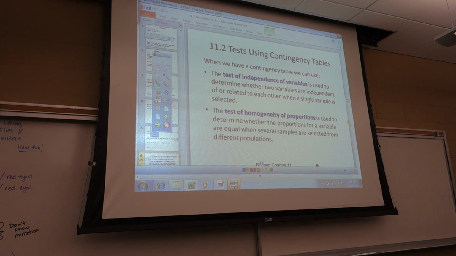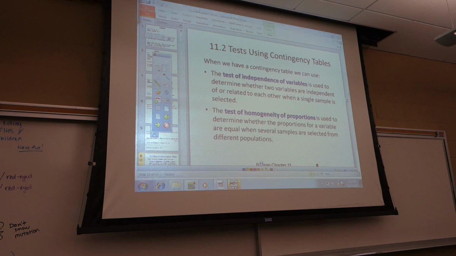How about Drew? Go ahead and read for me. 11.2 test using contingency tables. When we have a contingency table, we can use the test of independence of variables, which is used to determine whether two variables are independent of or related to each other when a single sample is selected.